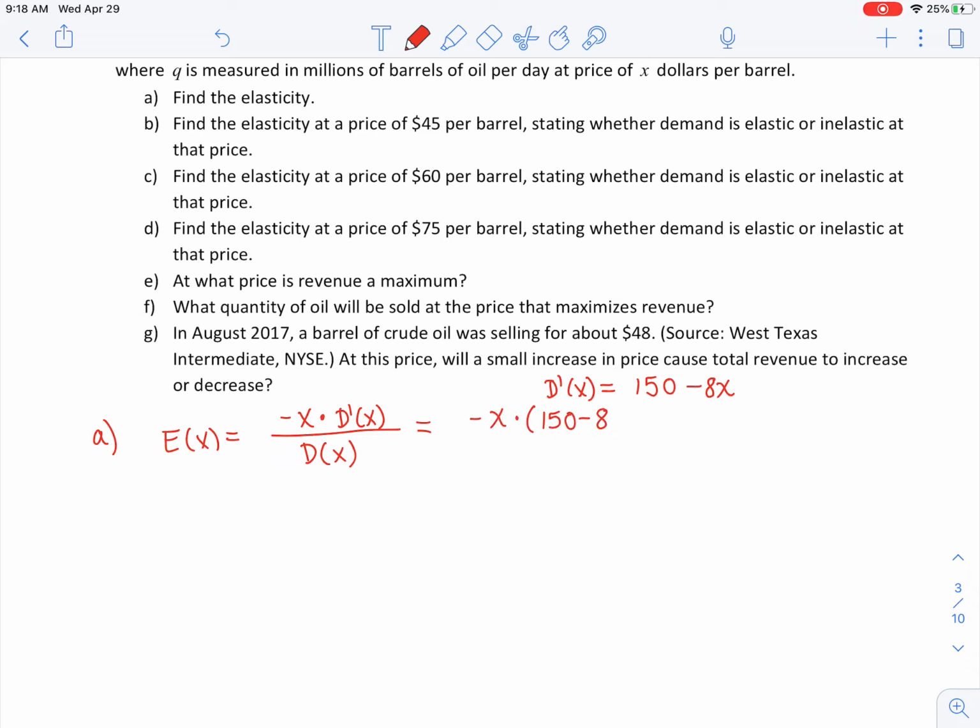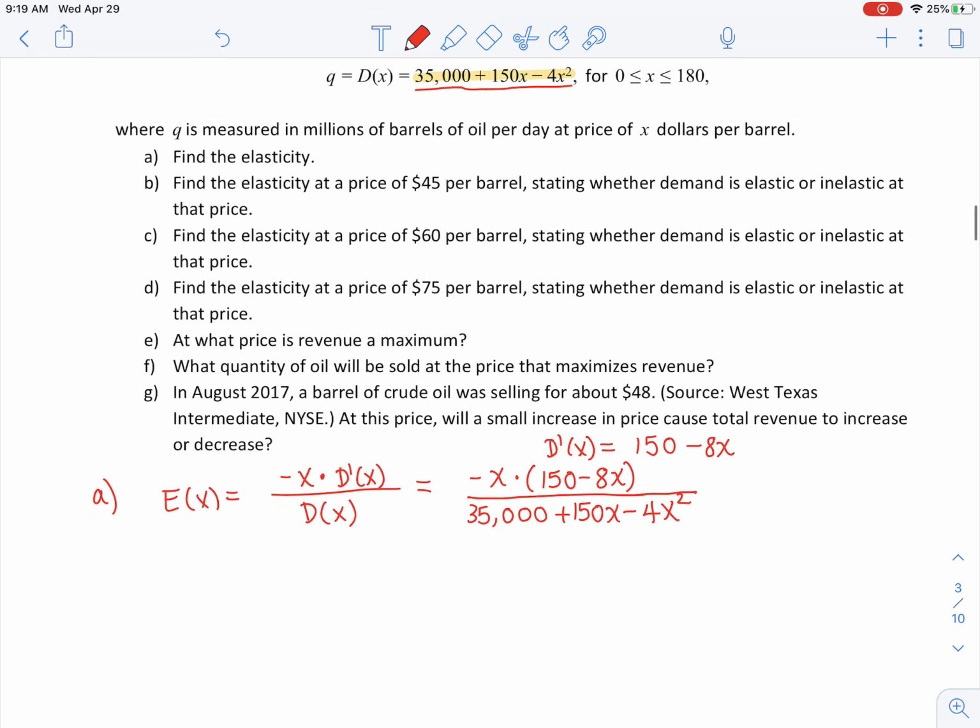This equals negative x times that D prime of x that we just found, divided by the original function D of x, which was 35,000 plus 150x minus 4x squared, right? And this is fine. This is correct.